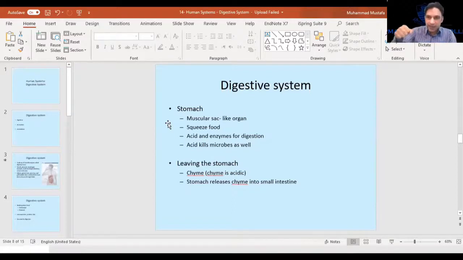When you push the accelerator of the motorbike, you are opening the window in the carburetor to allow oxygen to go into your motorbike's engine. And that is the place where fuel and oxygen mix together and then it got burned. If you do not send the oxygen into the engine, that fuel will not be burned because it is physically react with the fuel. So it's not an enzyme.